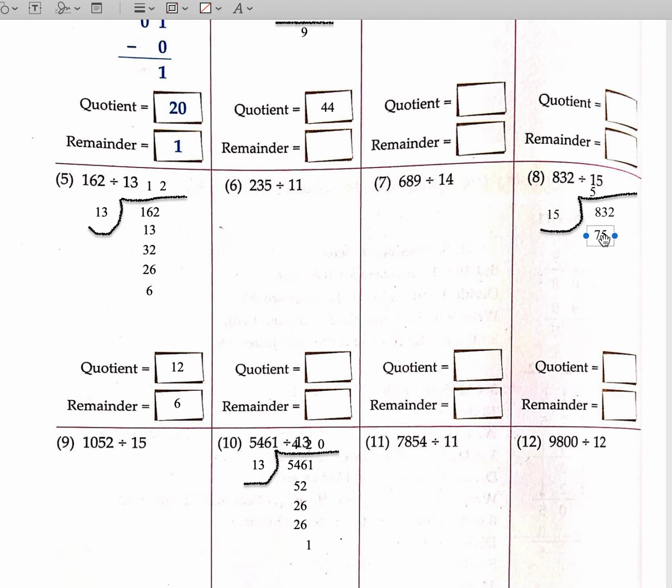Now we will minus both of them, and we get 83 minus 75 is equal to 8. Now we get 8 and we bring down 2. So when we bring down 2, it becomes 82, and again we'll have to do 15 into 5 because 82 is too less for 90.